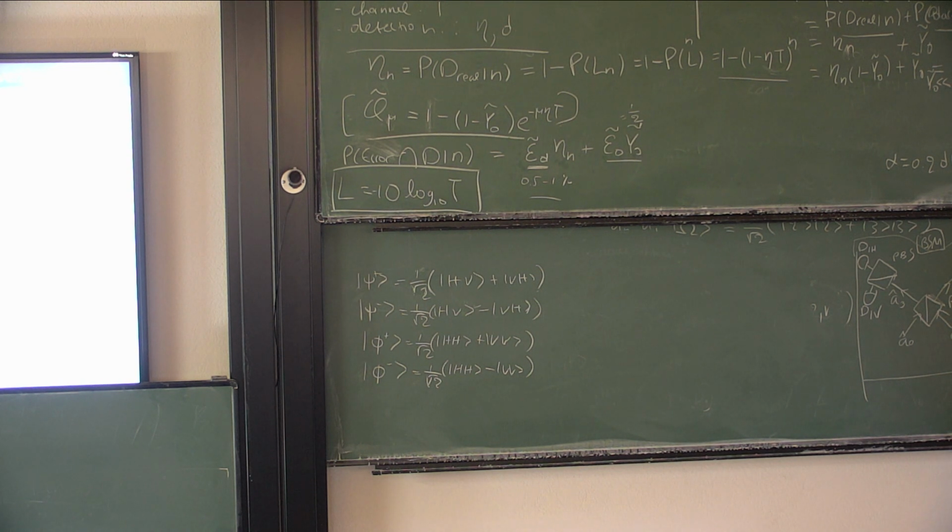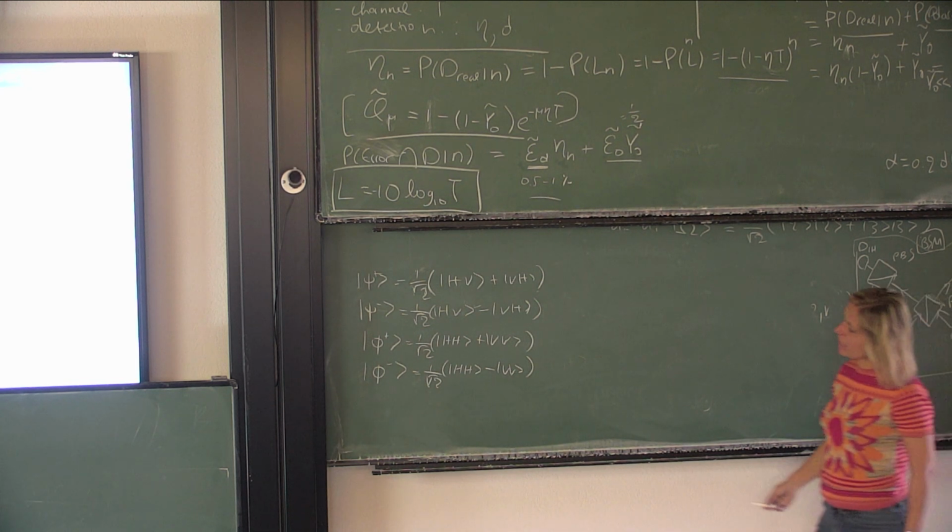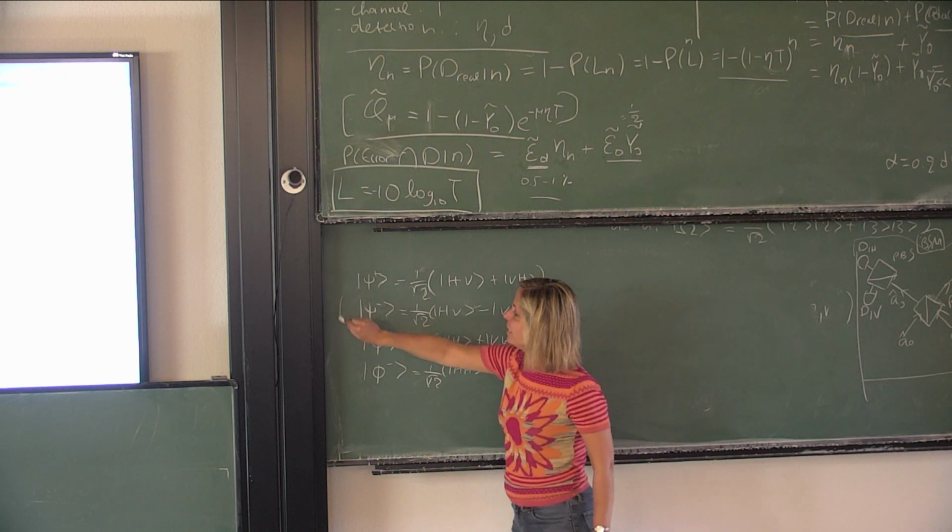And so by doing this, you essentially perform a projective measurement on the Bell basis, and the outcome of your device will be which Bell state you have actually projected onto your state.